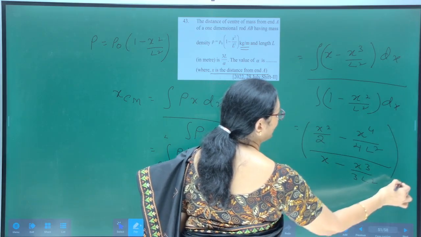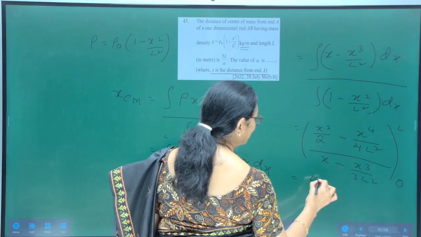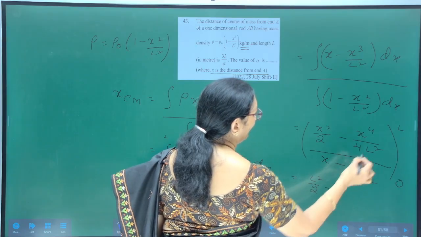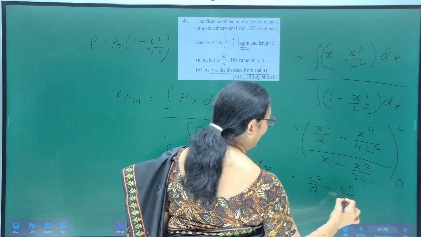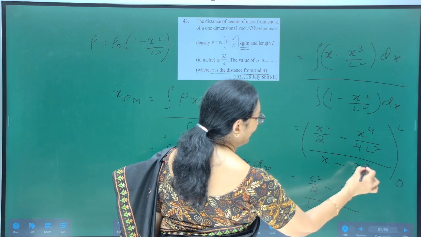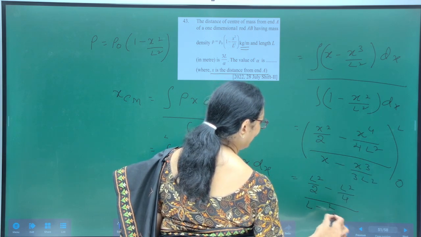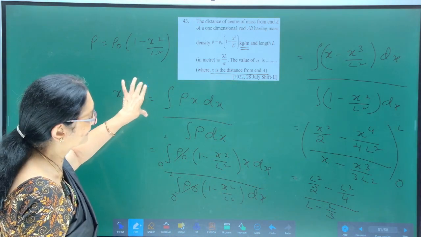If you substitute the limits 0 to L, this becomes L square by 2 minus L to the power of 4 by 4 L square, that is L square by 4, divided by L minus L cube by 3 L square, that is L by 3. So, is that clear so far?